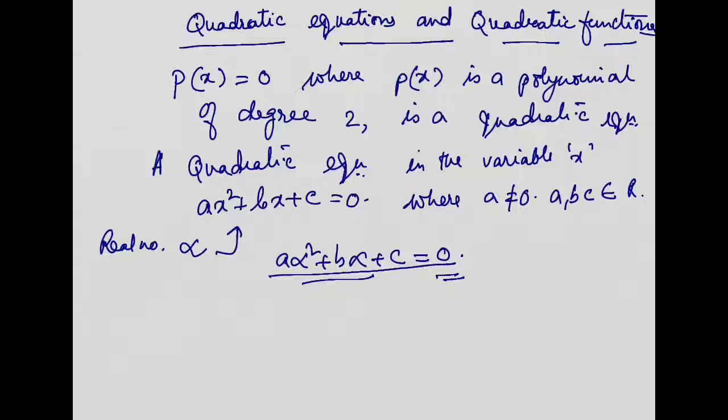Then we can say that alpha is a root or the solution, or x equals alpha is a solution of the quadratic equation. Or, considering the quadratic polynomial P(x), alpha can be treated as a zero of the quadratic polynomial.